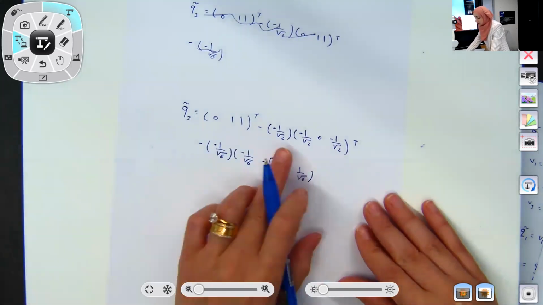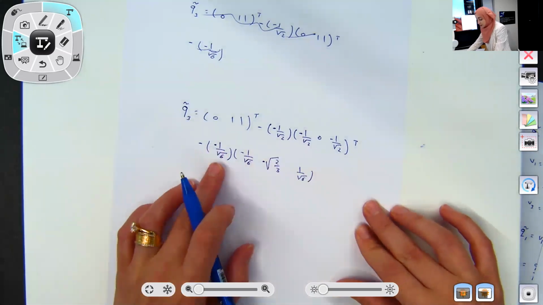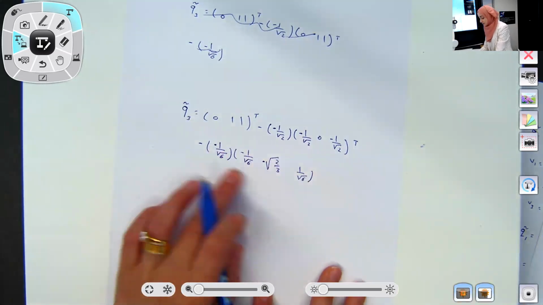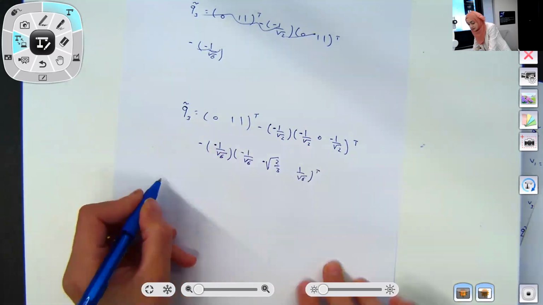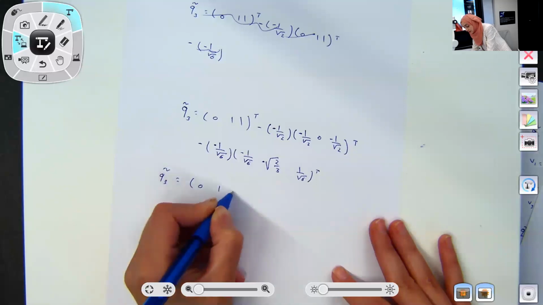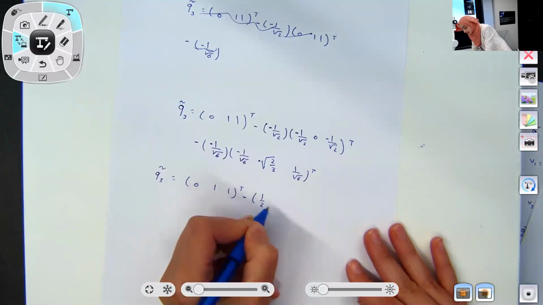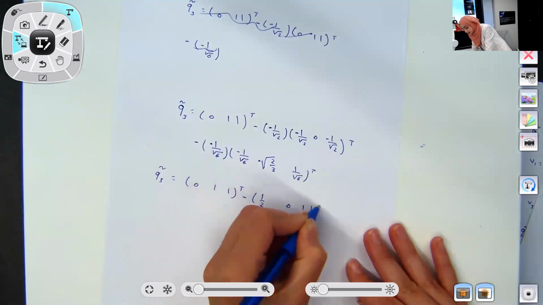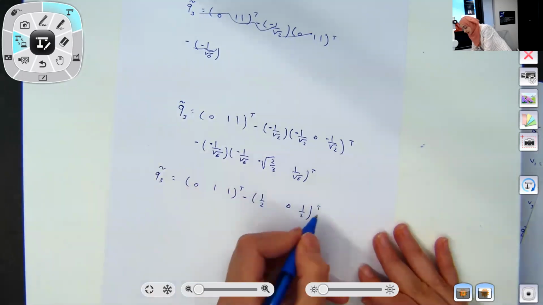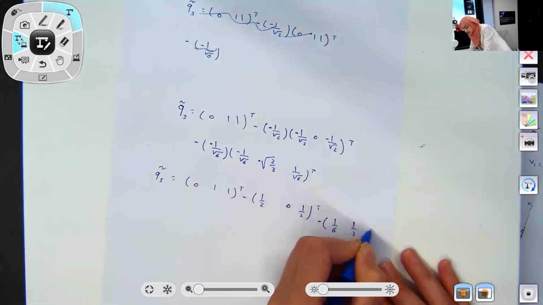If you multiply these together, and multiply minus 1 over square root of 6 with this vector, you will get Q3 tilde equals 0, 1, 1 transpose minus half, 0, half transpose minus 1 over 6, 1 over 3, and 1 over 6 also transpose.